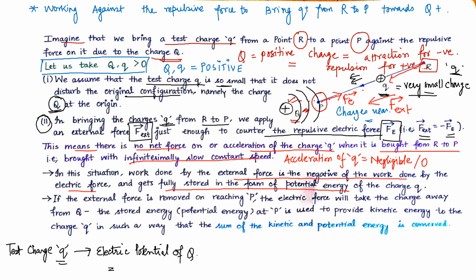These two works done get fully stored, like there is no dissipation and no role of efficiency, 100% is stored in the charge's potential energy. If the external force is removed on reaching P, the electric force will take the charge away from Q. The stored potential energy at P is used to provide kinetic energy to the charge small q in such a way that the sum of kinetic and potential energy is conserved.